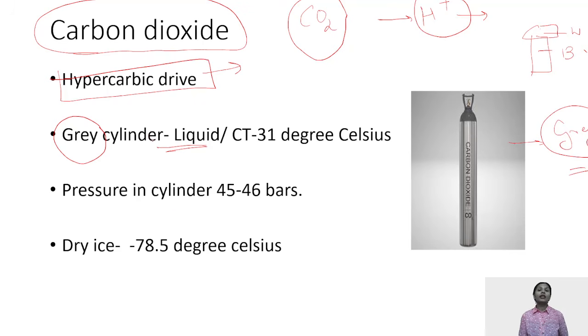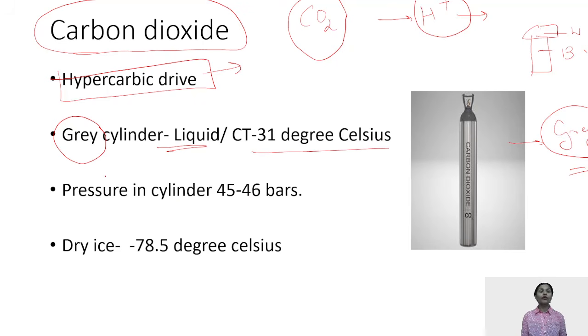The critical temperature of carbon dioxide is 31 degrees Celsius. That is why it is present generally in a liquid form. The pressure in the cylinders is 45 to 46 bars. We can remember it as 45 bars being the pressure of CO2 in the cylinder.